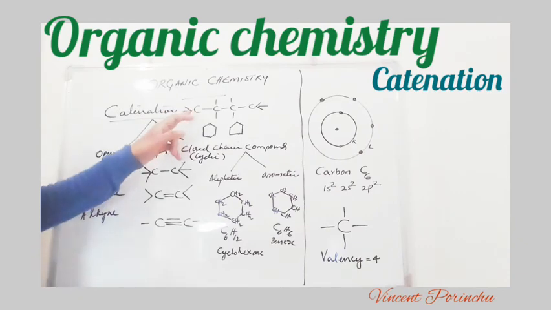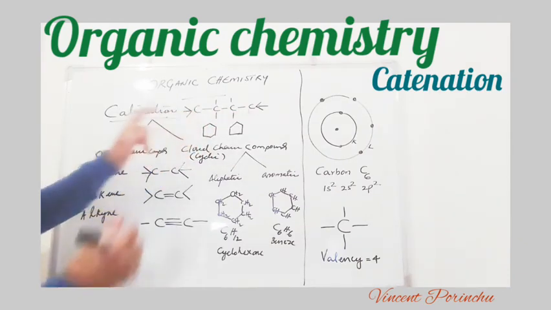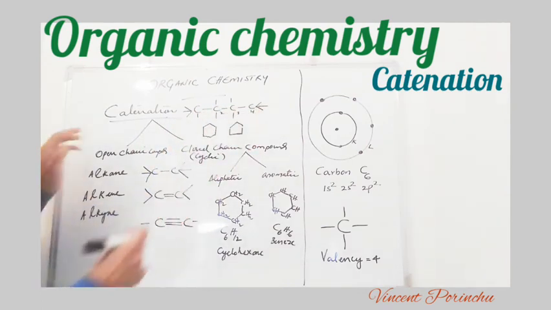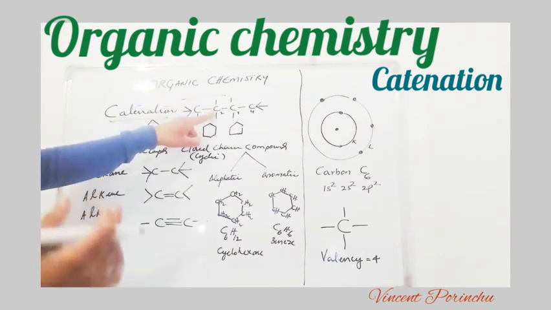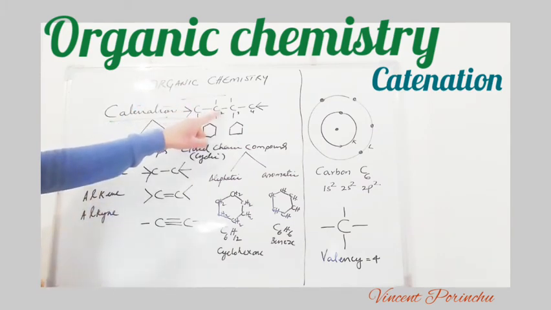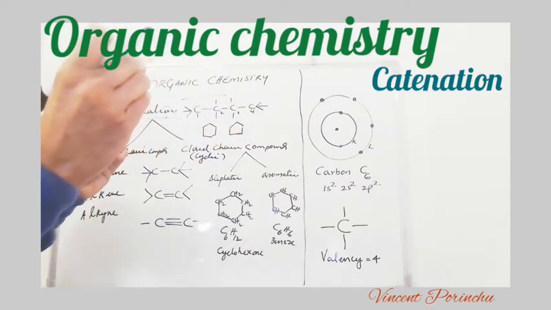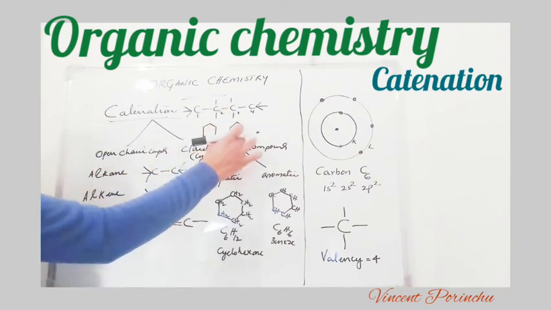Here, if you see this C-C-C chain, the first carbon has valency 4. One is utilized to combine with another carbon atom, and the second carbon atom uses one of its valencies to combine with the third carbon atom, and the third carbon atom combines with other carbon atoms. So that chain goes like a linear chain, and in another case it forms a cyclic compound.